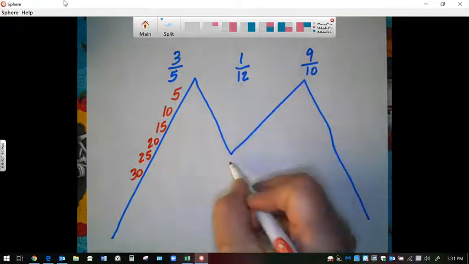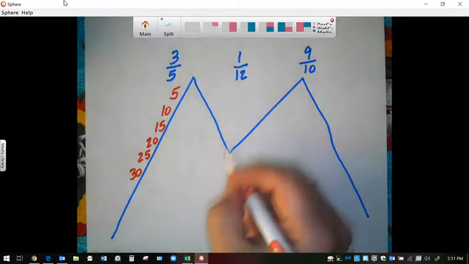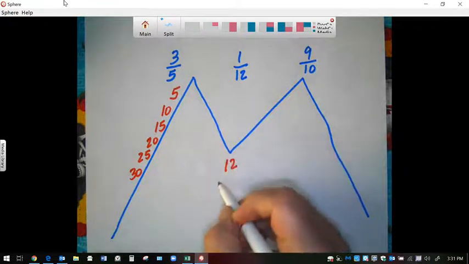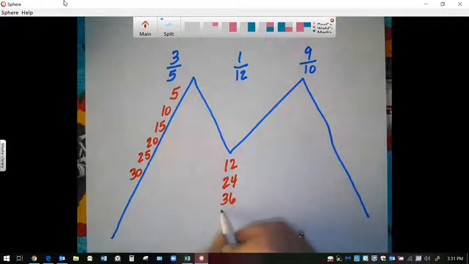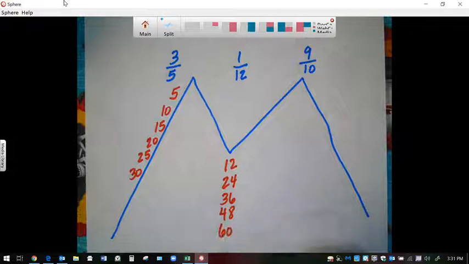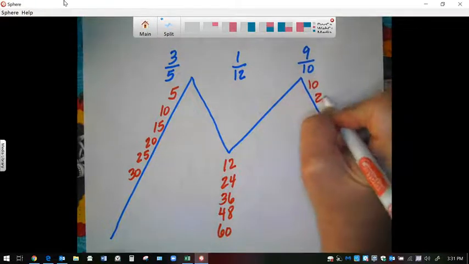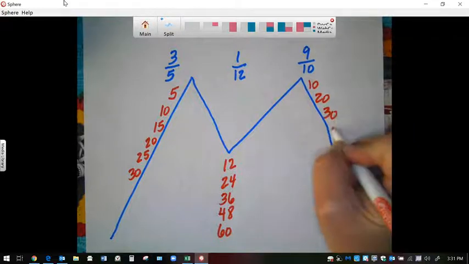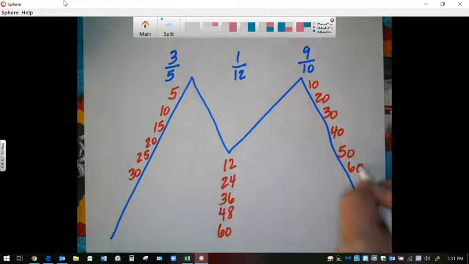I'm going to put these at the bottom of the M. So 12, 24, 36, 48, and 60. And then the 10: 10, 20, 30, 40, 50, and 60.